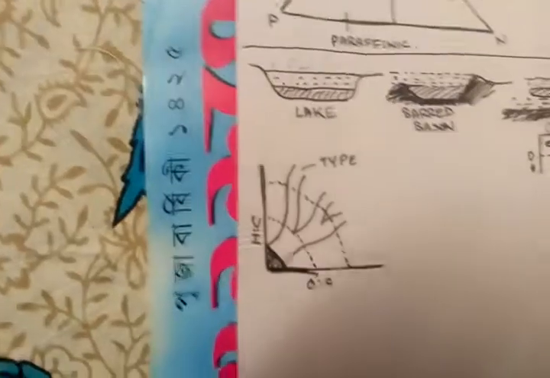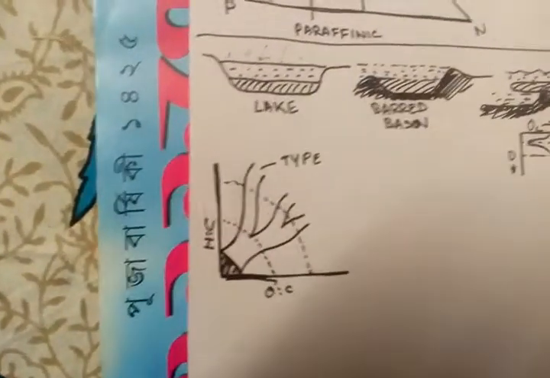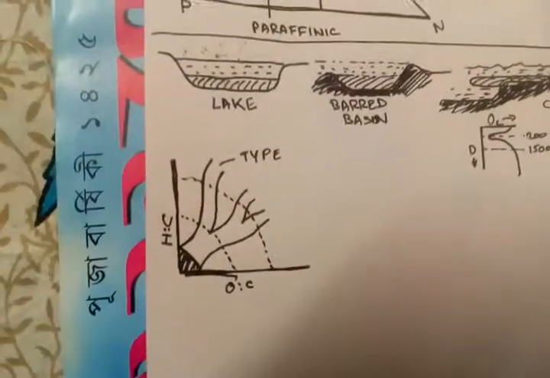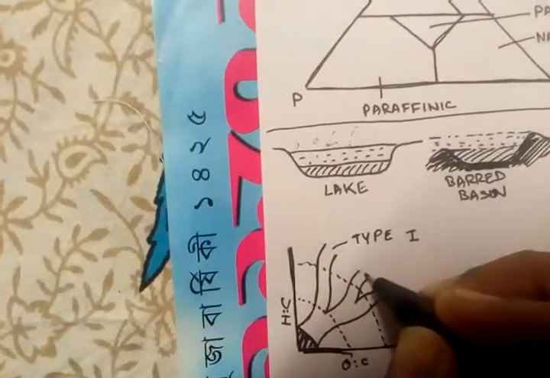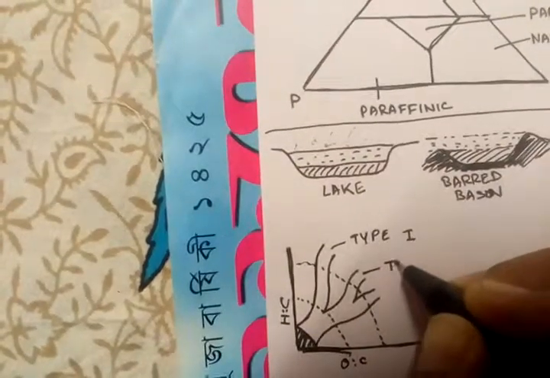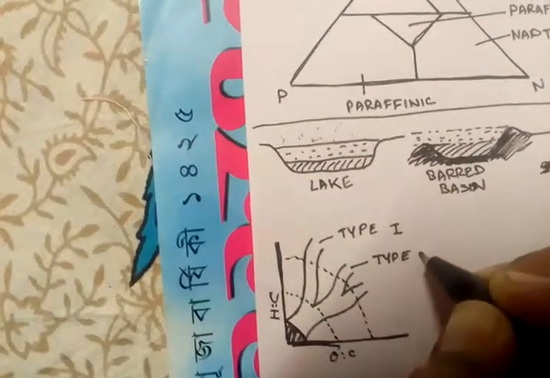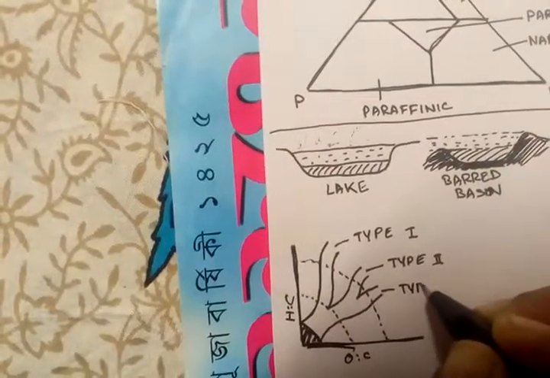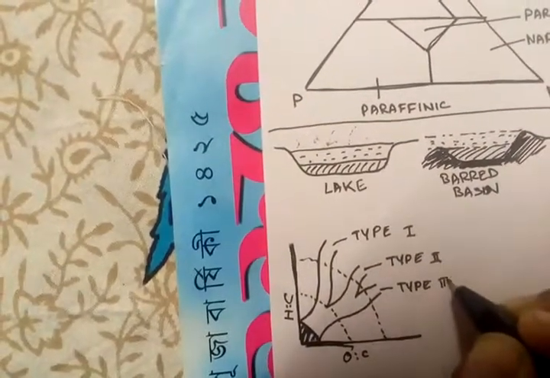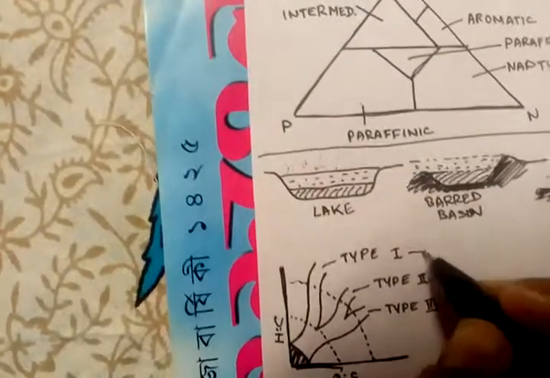So this is basically the kerogen maturation pathways for different kinds of kerogens. This is type 1 of kerogen. This is type 2 of kerogen. This is type 3 of kerogen.